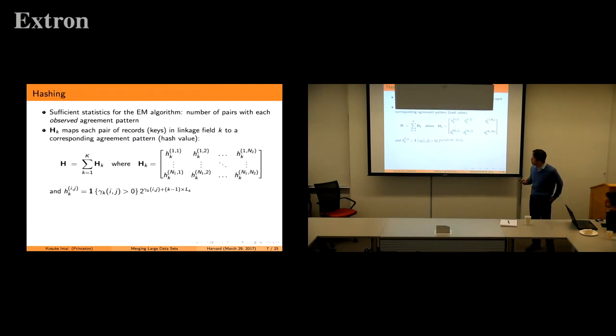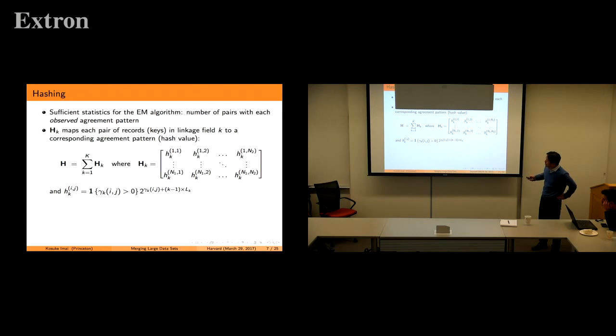What we do is that for each k, where k stands for each field, each variable that we use to match, it's a little bit of an involved expression, but basically for each pair, these elements are pairs, so there are N1 rows and N2 columns, so it's all pairs, if the values are different, if they disagree, that is gamma equal to 0, then this value is going to be 0 for that field.